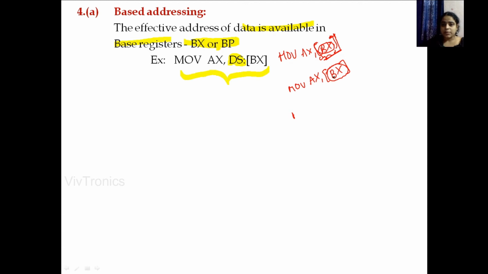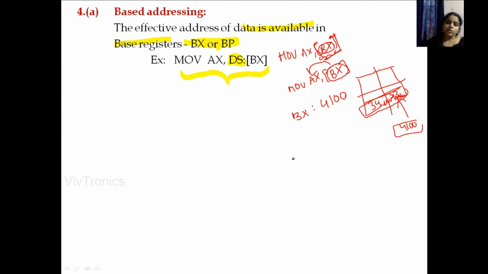For suppose in the BX register there is 4100, then this move instruction will go to the 4100 memory location. If 3433 is the data there, the data from the memory location is copied to the AX register. After execution of that instruction, AX is 3433.